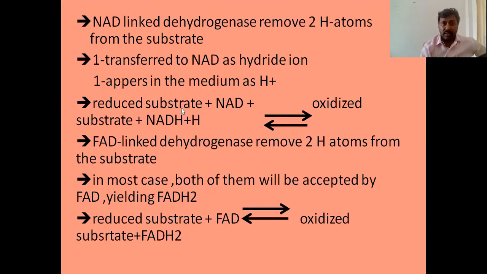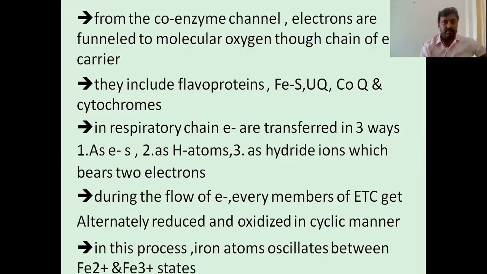So overall, NAD plus is reduced to form NADH plus, and these are utilized in the electron transport chain. From the coenzymes, electrons are funneled to molecular oxygen through a chain of electron carriers.